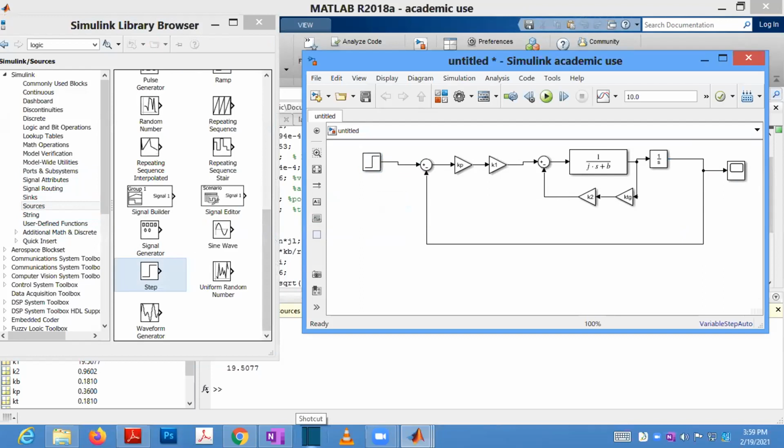Any doubt is there, you can ping me. These 4 gain blocks will be in the math toolbox, and the summer block is also in the math toolbox. Transfer function and integrator are available in continuous blocks.